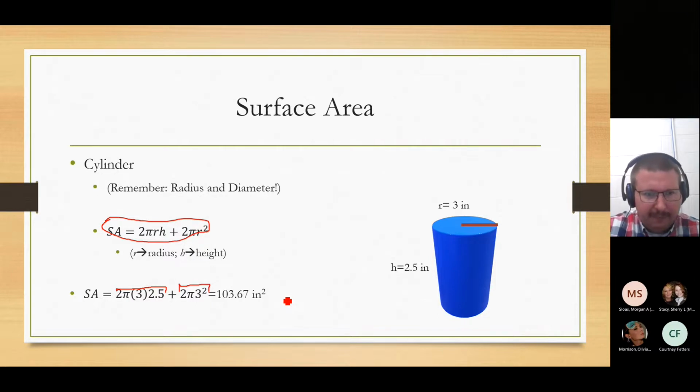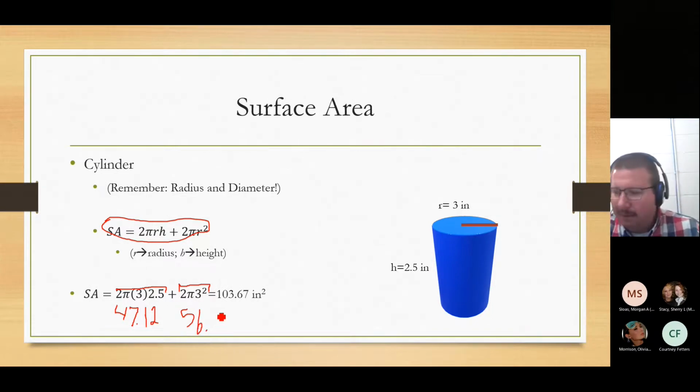So if you're doing it that way, the first part should be 47.12. Second part is 56.55. Close enough.